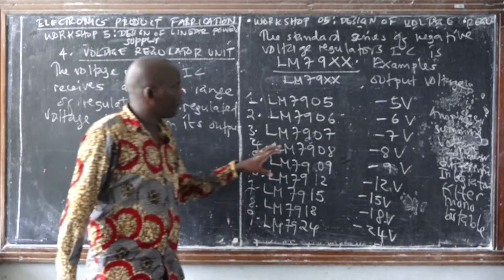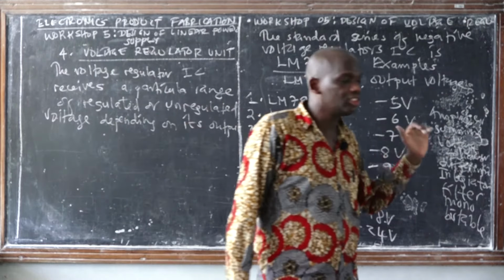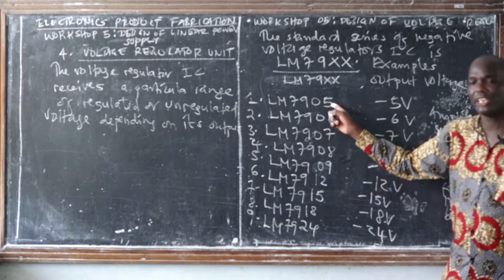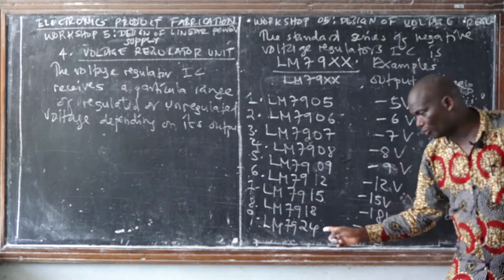So we have different types of positive voltage regulator ICs. But the input range of this voltage regulator is different from the range of this voltage regulator.